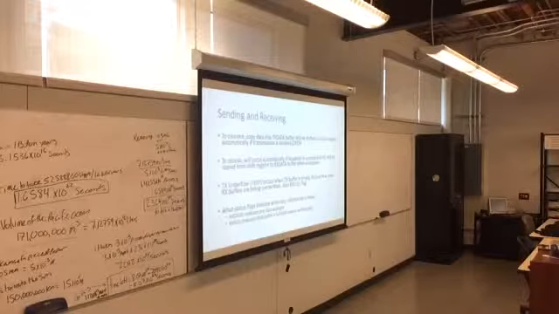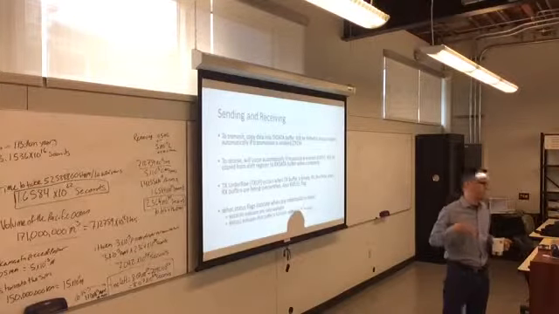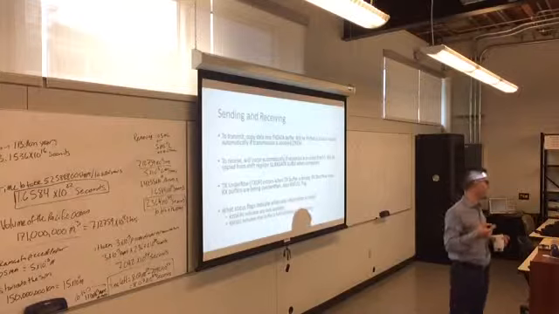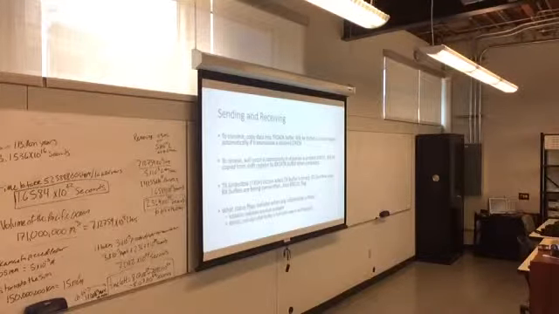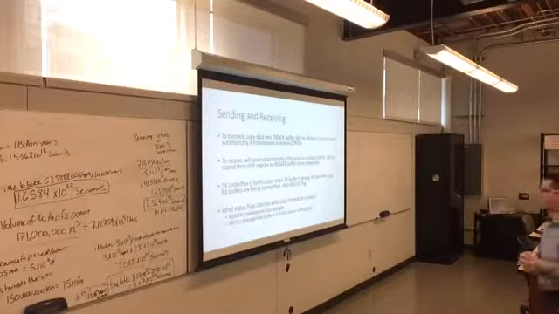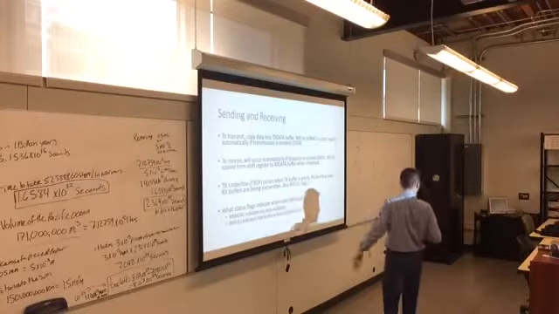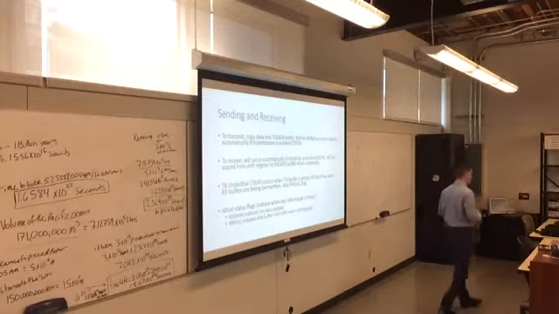RX full means I got 2 pieces of data for you, and I'm about to run out of room. RX overflow means I'm completely full of data, and I'm going to drop the next thing I get. So you get sort of 3 interrupts or 3 flags that correspond to the different states of the receive buffer.